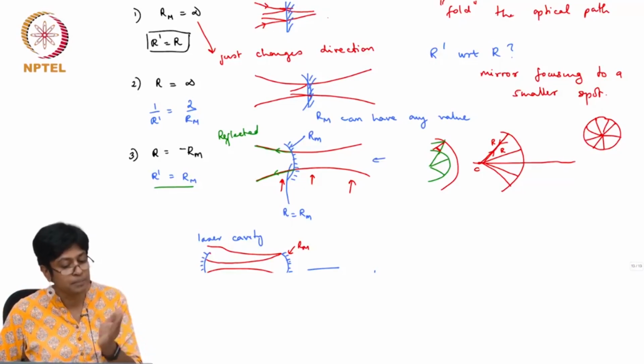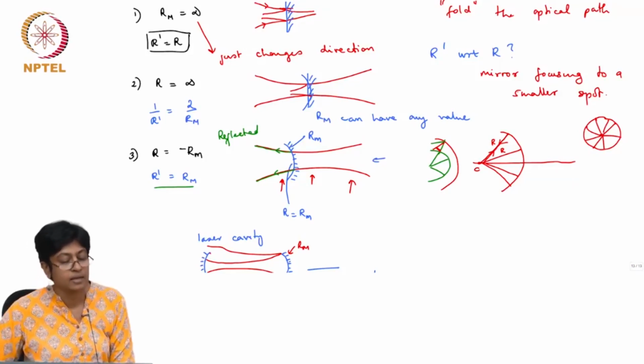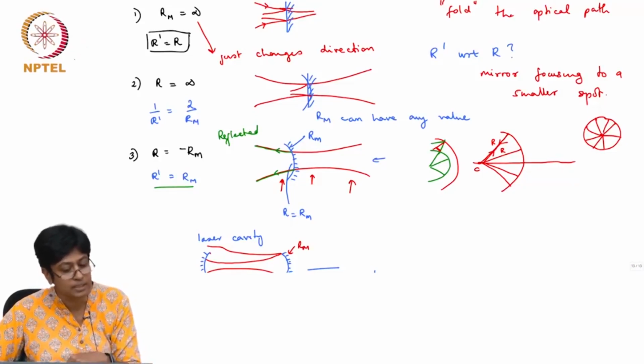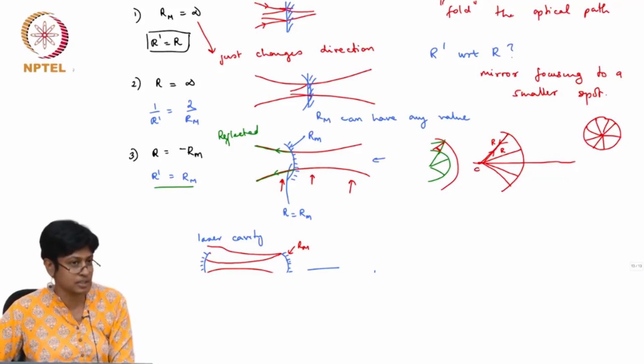So if I put the mirror in such a place where the beam has either r equal to infinity or r equal to minus rm, and in these cases I'm looking at concave mirrors, I will get these conditions.